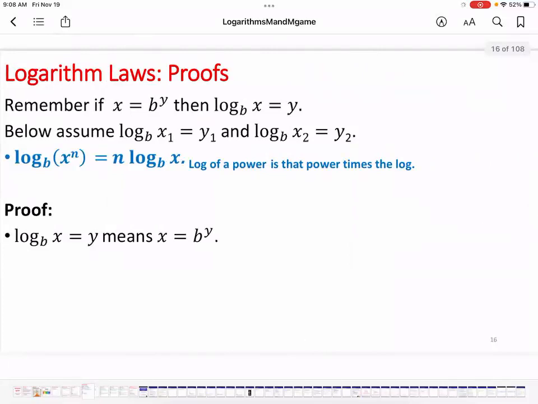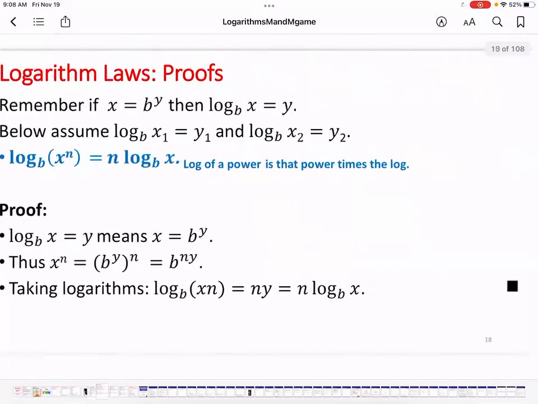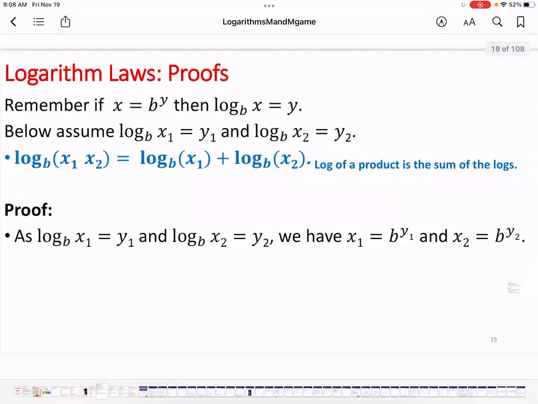We did the change of base formula. Let's do the log of a product is the sum of the logs. So the log of x1 base b equals y1, the log of x2 base b is y2, which means x1 is b to the y1 and x2 is b to the y2. We want to look at the log of x1 times x2.